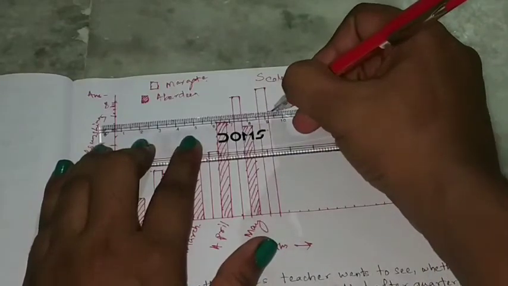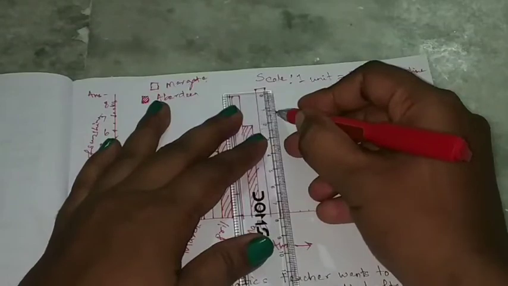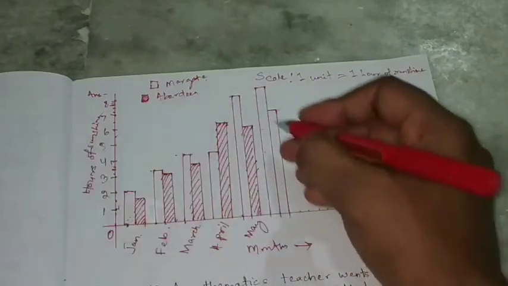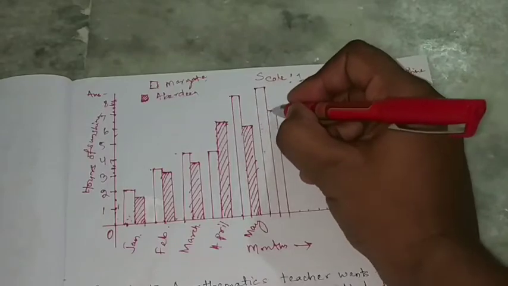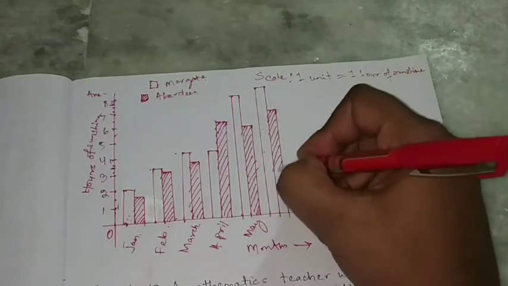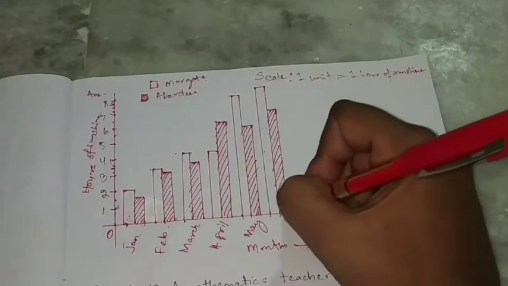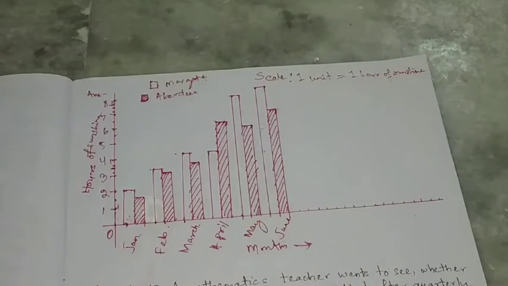Look, I'll take this and okay. So first one is for Margaret, which is blank, and second one is for Aberdeen, which will be marked like this. This is for June.